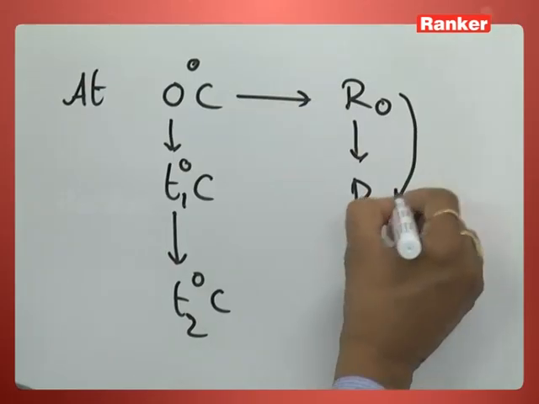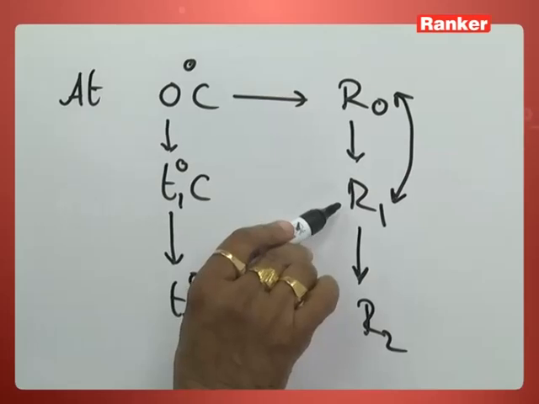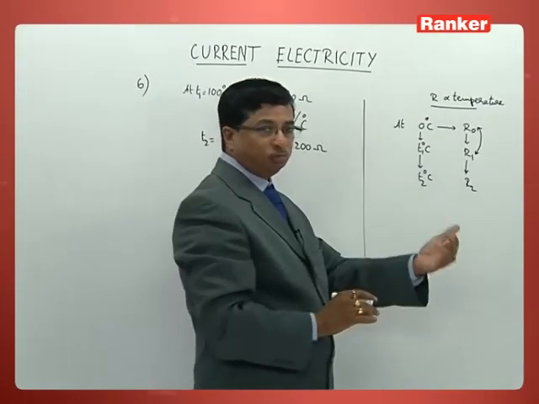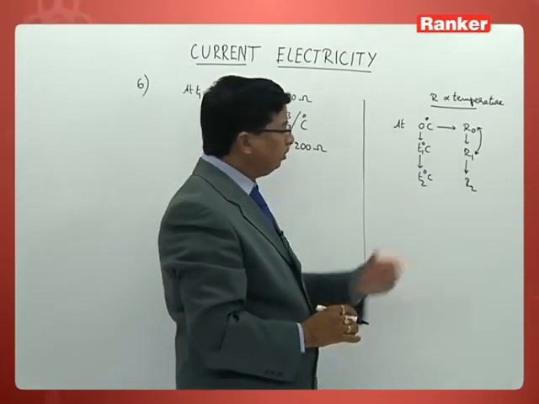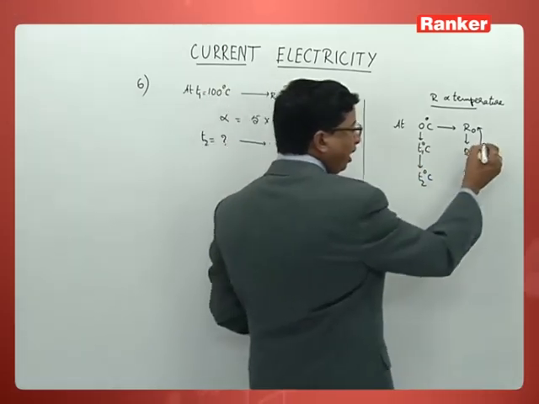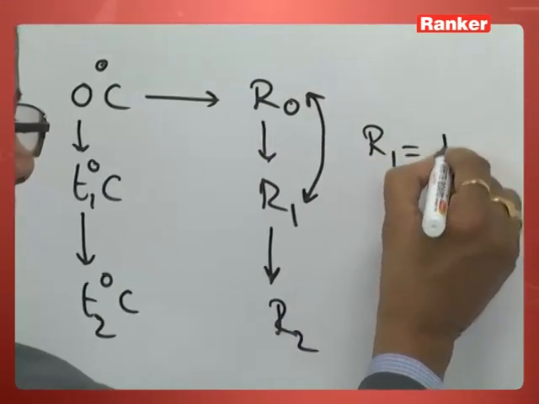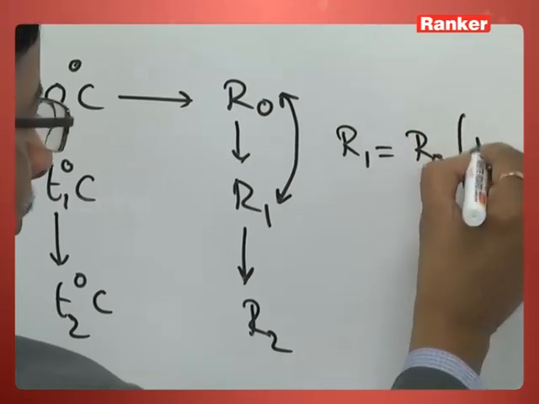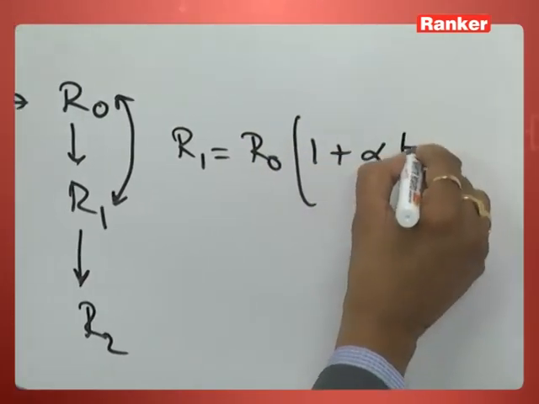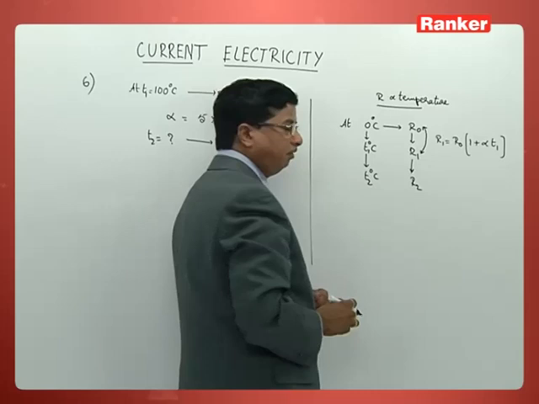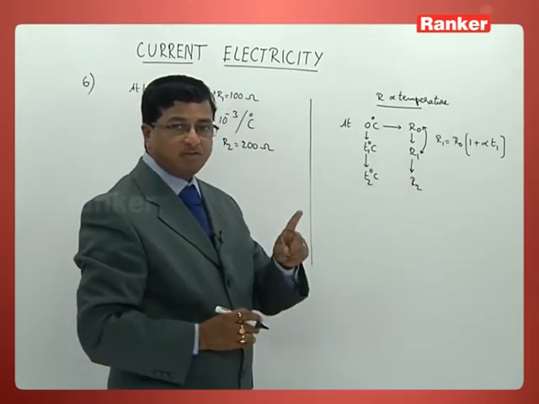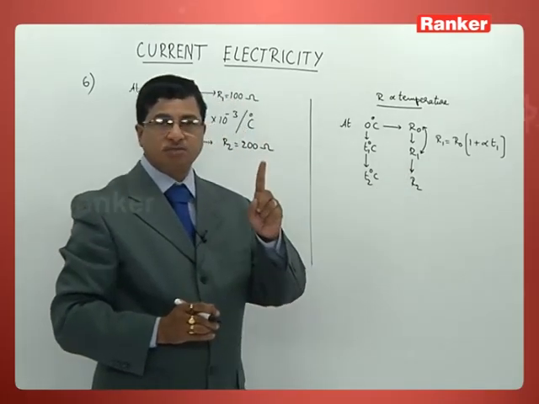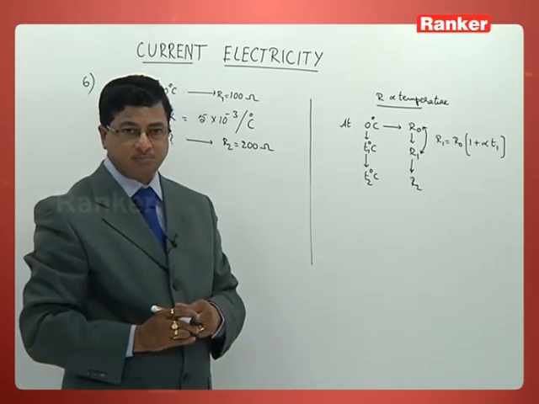Now, taking this pair, how to relate R1 and R0? You must have got that idea. R1 is equal to R0 into 1 plus alpha T1, where alpha is temperature coefficient of resistance of the material of the conductor.